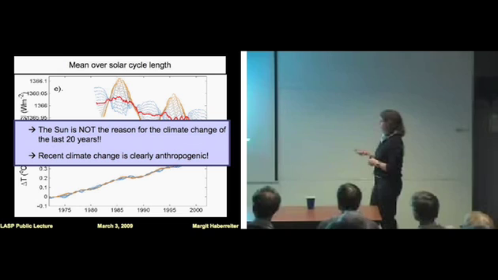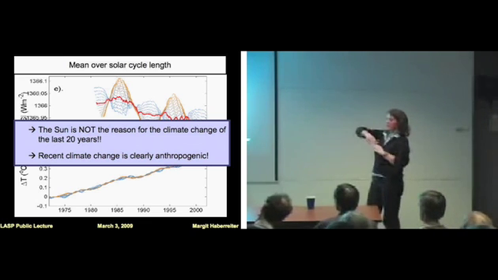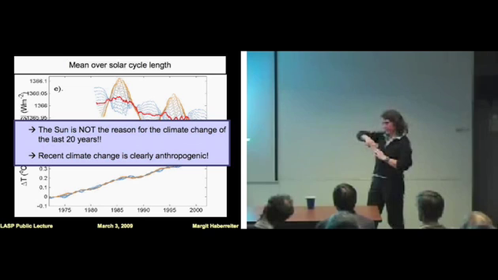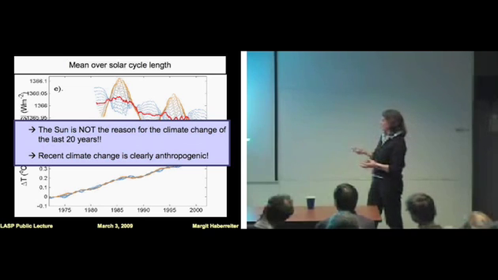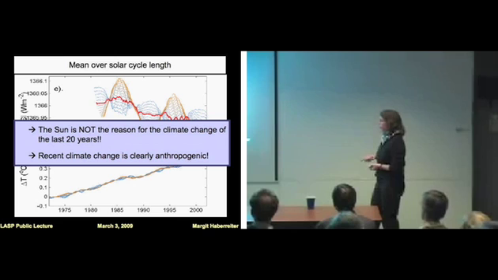Now, if we do the same detrending with the temperature curve I've shown you in the other slide, it clearly shows that the temperature over the past good 25 years has an increasing trend. So this indicates that at least the total solar irradiance cannot explain the recent temperature increase.